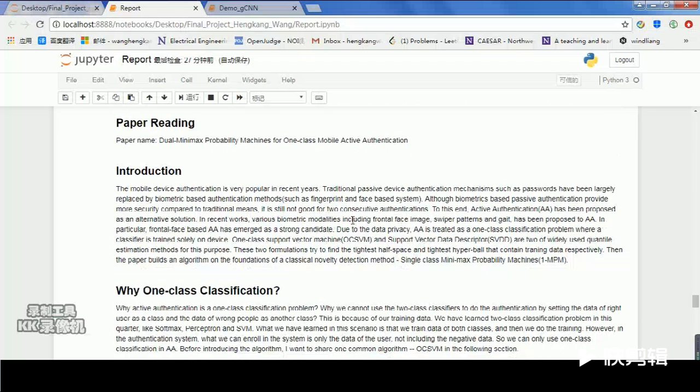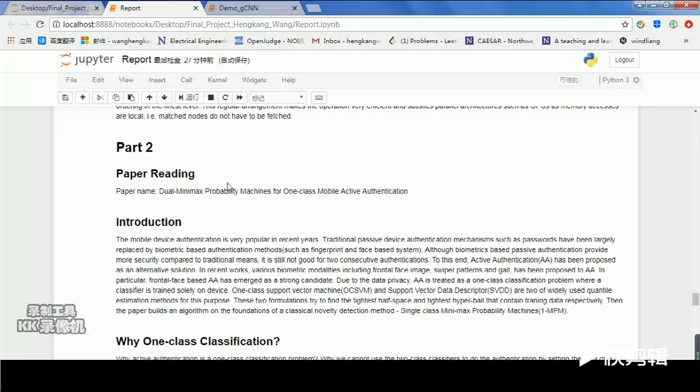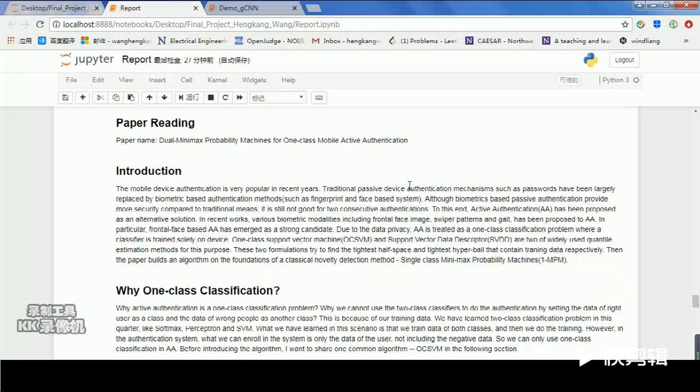And for part 2, I read another paper called Dual Minimax Probability Machines for One-Class Mobile Active Authentication. Actually, I read this paper at the latest biometrics conference.